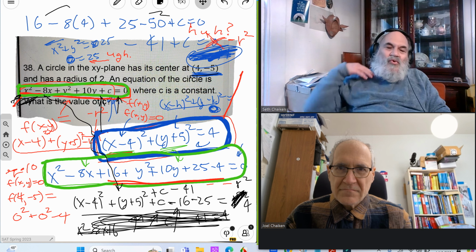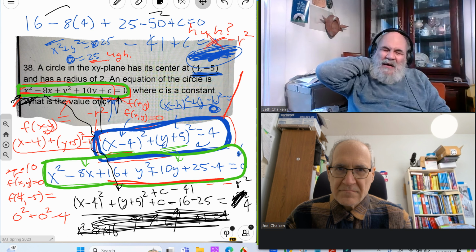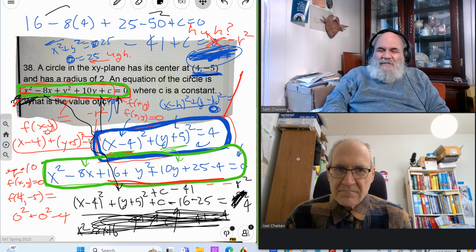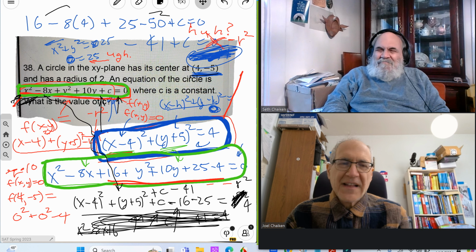And the typical school problem is, knowing that an equation of that form is the equation of a circle, to find the center and the radius of the circle.